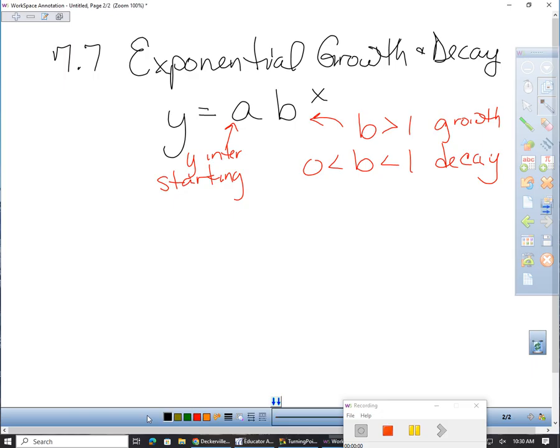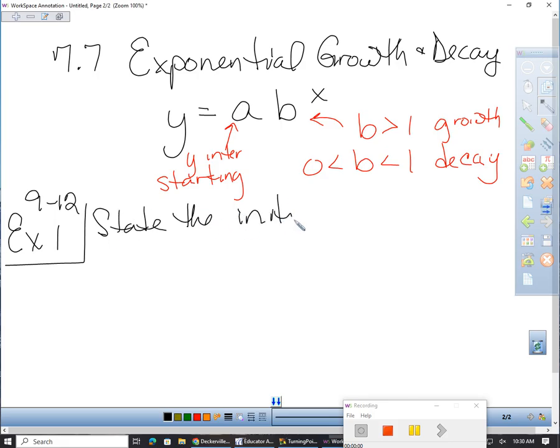So in the very first section in your homework today, you just have to state what a and b are. So example number 1. This is for problems 9 through 12. State the initial value and the growth factor.